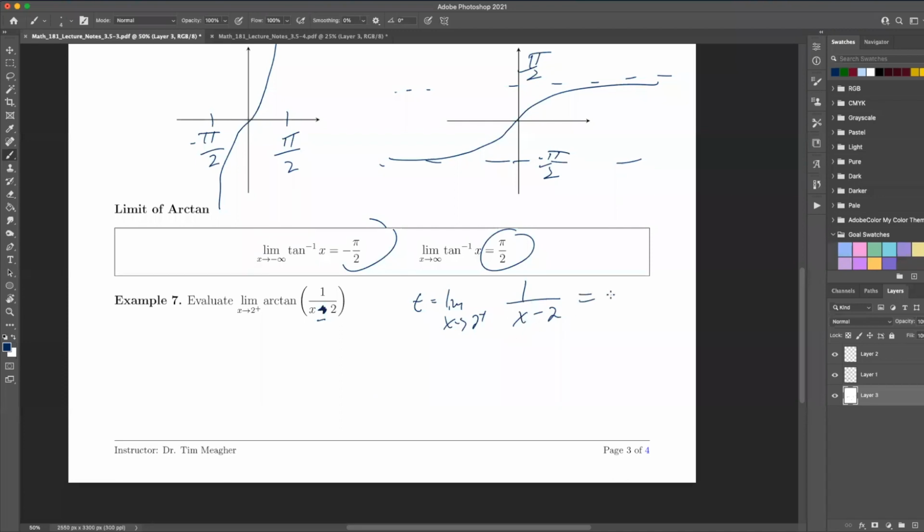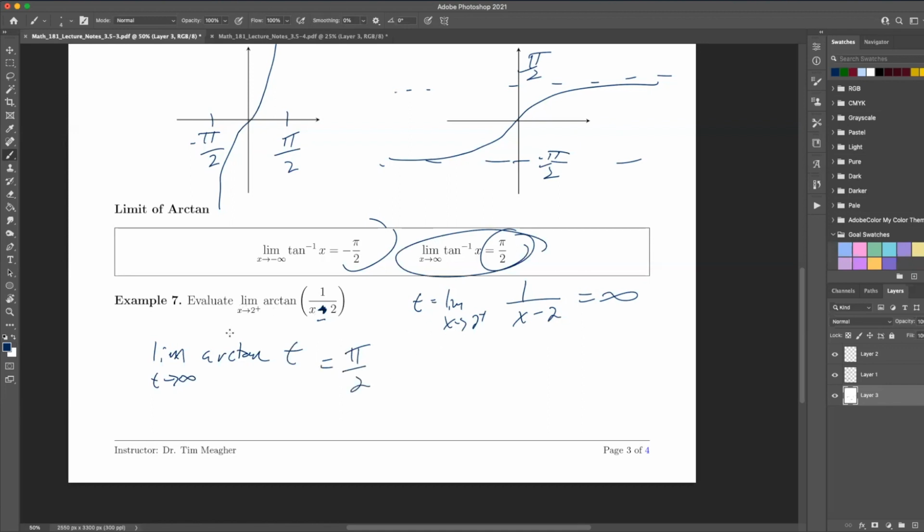It goes to 0, so this goes to positive infinity. So we can rewrite this as the limit as t goes to infinity of arctan of t. Once we know what that is, it's right here. So this equals pi over 2.